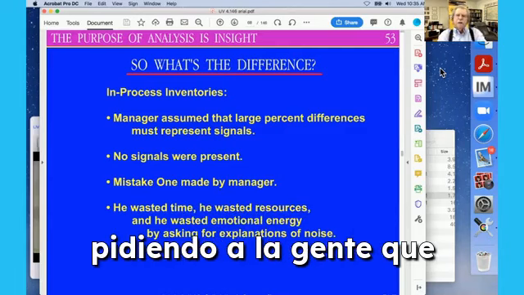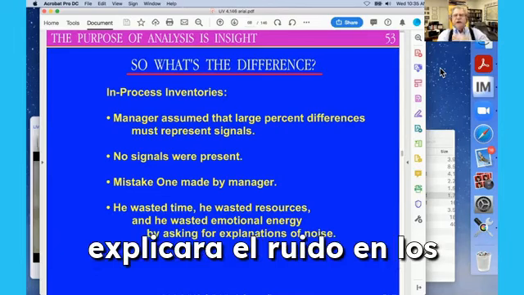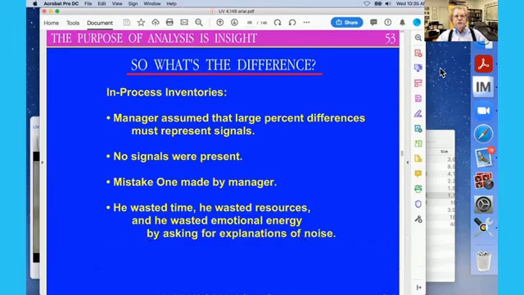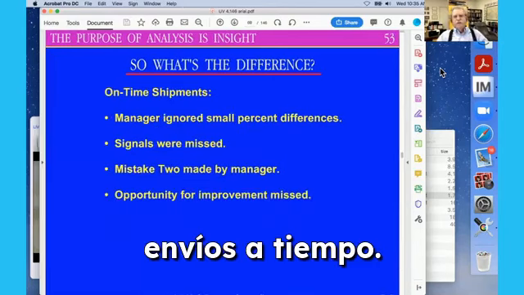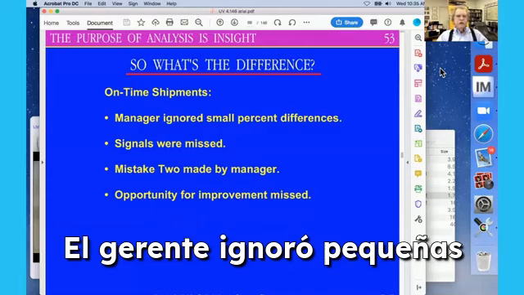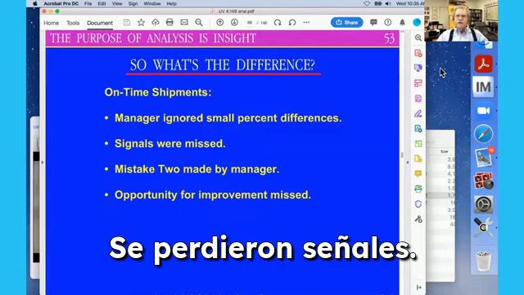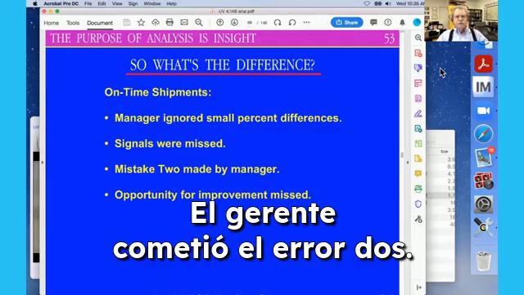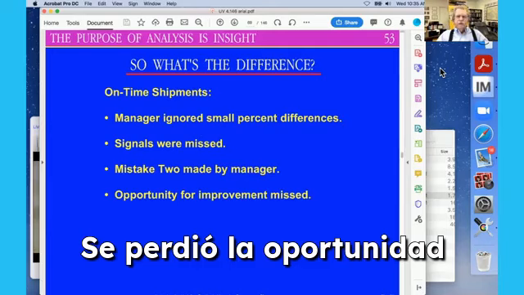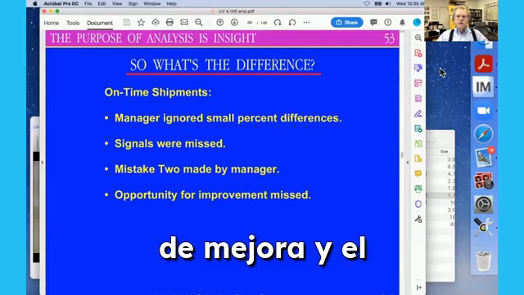He wasted emotional energy asking people to explain noise. On-time shipments. Manager ignored small percent differences. Signals were missed. Mistake 2 was made by the manager. The opportunity for improvement was missed.